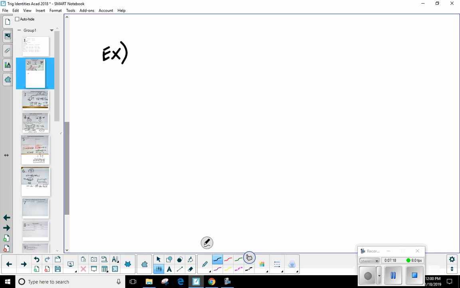Secant squared of x minus tangent squared of x plus cotangent squared, and that's it. This one will simplify down to a single trig function. Now, I'll even tell you on this one, you could simplify this without changing anything to sine and cosine.